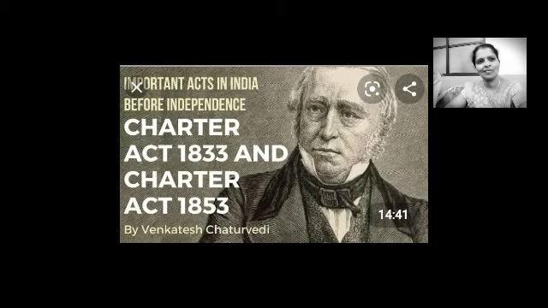Charter Acts from 1813 to 1858. The aim of the Charter Act was to renew the license of the East India Company. Charter Acts of 1793, 1813, 1833 and 1853 were implemented to achieve this aim.